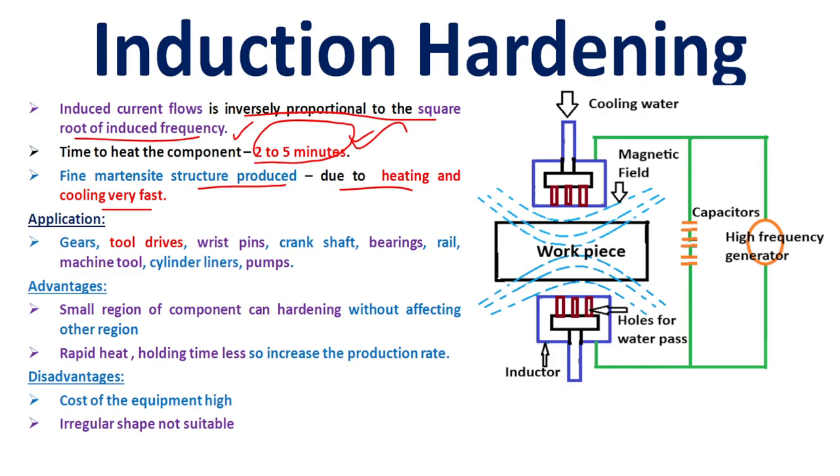This induction hardening process is applicable to gears, tool drives, wrist pins, crankshaft bearings, rail, machine tools, cylinder liners and pump components. An advantage of this process is that with a large number of pieces or assembly components, we can harden only a small region of the component.